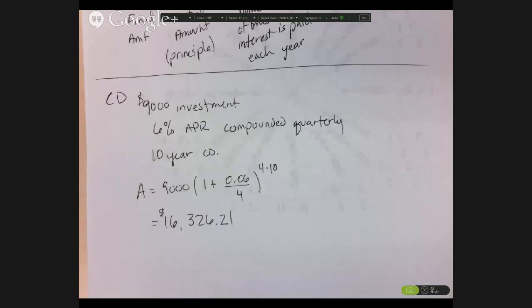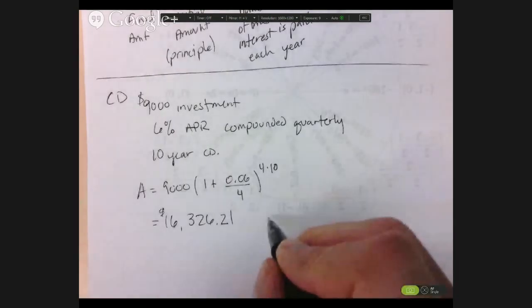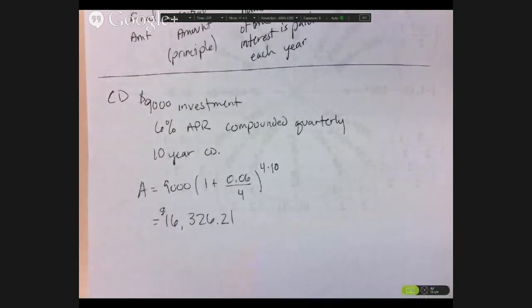I rounded to the first. What did you get? 10,000 I'm pretty sure is not going to be correct. You probably typed it in wrong somehow. We'll come look at it. That looks to me to be right. I don't have the answer here. That's what I got too.